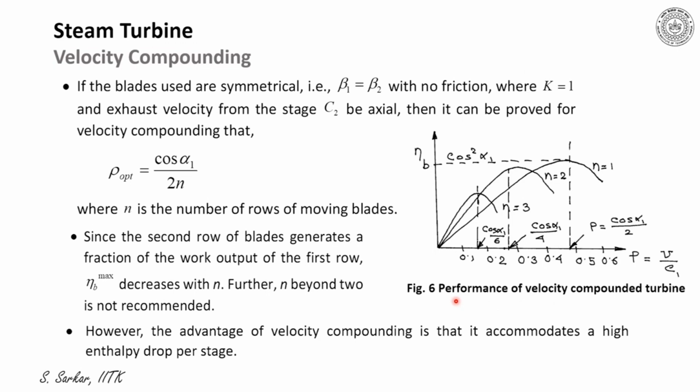What are the advantages of a velocity compounded turbine? Here it accommodates a high enthalpy drop per stage. Furthermore, the blade speed decreases with respect to n. As n increases, blade speed would decrease.